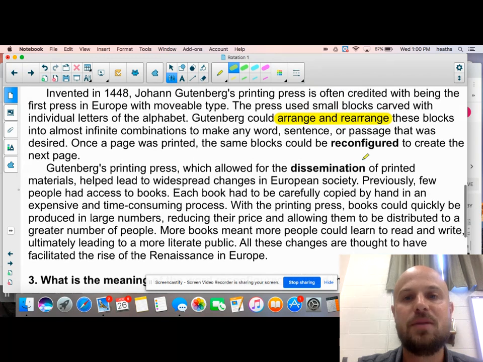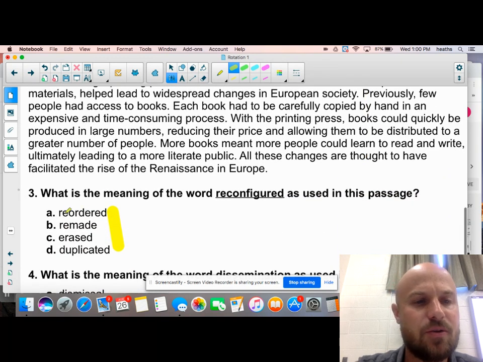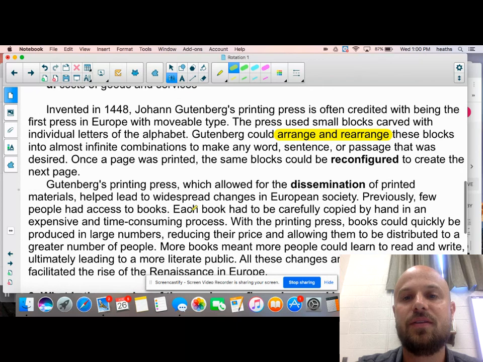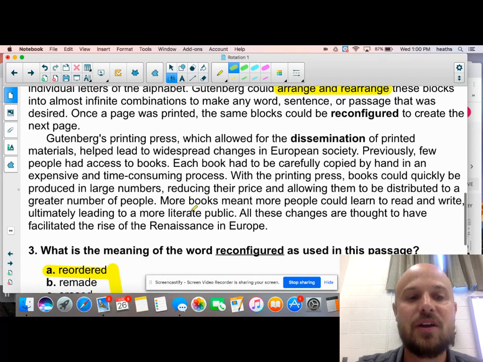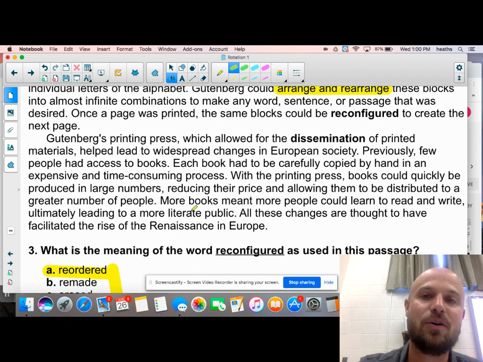Which word would be most similar to arrange and rearrange? Is it reordered, remade, erased, or duplicated? And I believe reordered matches right up with arrange, rearrange, reordered. Those are all kind of the same type of word or same meaning, and all of those mean reconfigured.